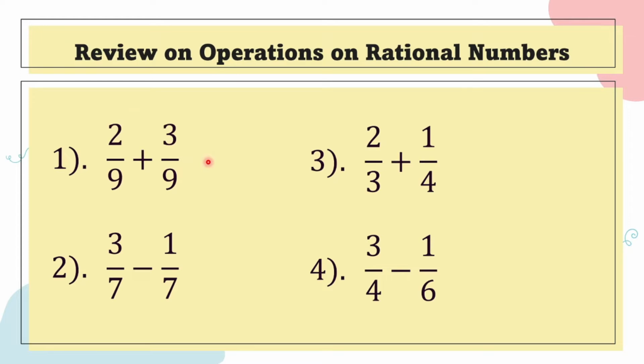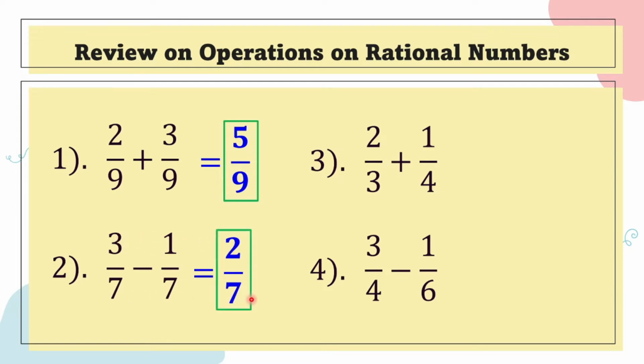Makukuha natin dyan is, very good, that is 5 over 9. So 2 plus 3, that is 5, then copy the denominator. How about our number 2? We have 3 over 7 minus 1 over 7. Okay, so the answer is, nice, that is 2 over 7. So 3 minus 1, that is 2, then copy 7.